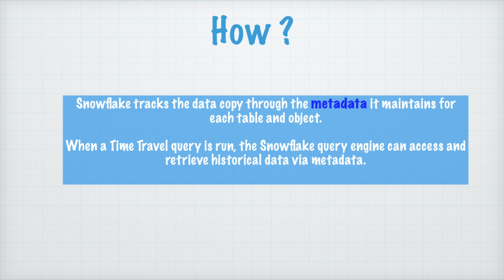When I say metadata, that means data about the data. It maintains this for each table and object. So when a time travel query is run, the Snowflake query engine can access and retrieve historical data via metadata. The metadata is stored in virtual columns, and based on that, it pulls the data.